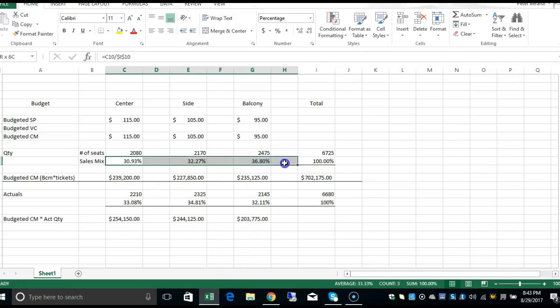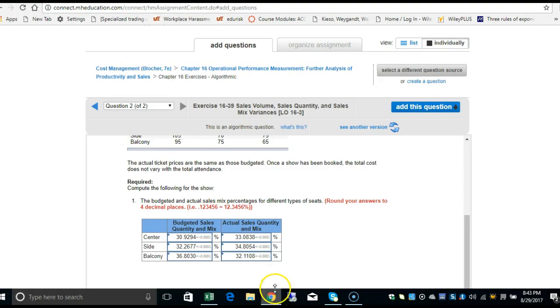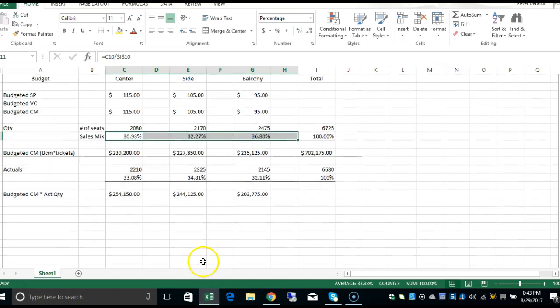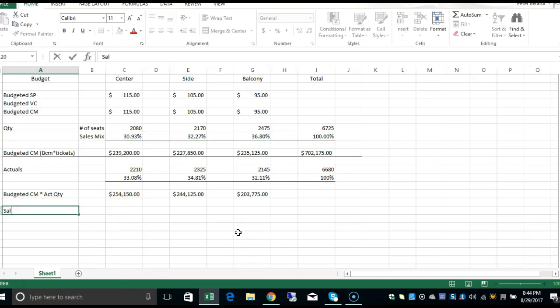So basically, that's how you would do question 1. Now, the sales activity variance, or sometimes it might be called sales quantity variance, is going to be simply the difference between the budgeted contribution margin at budgeted price and the budgeted contribution margin at actual price.